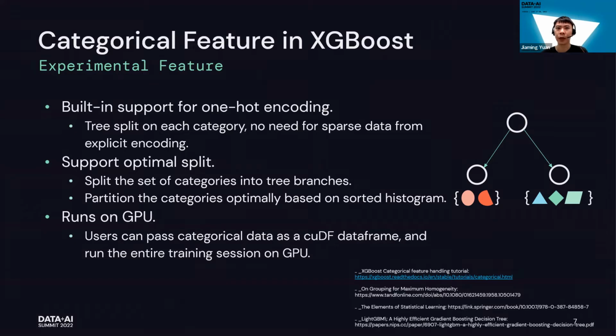For example, if you have a cuDF data frame, that means it resides on GPU, and XGBoost can take that data frame directly and use the categorical features in it without any CPU activities. I shared some references on this slide, and feel free to take a deeper look into them. XGBoost is an open source library. You can also ask questions and raise issues on GitHub.